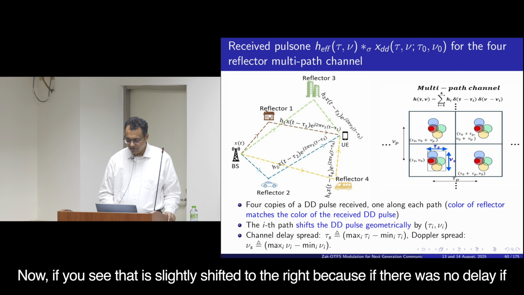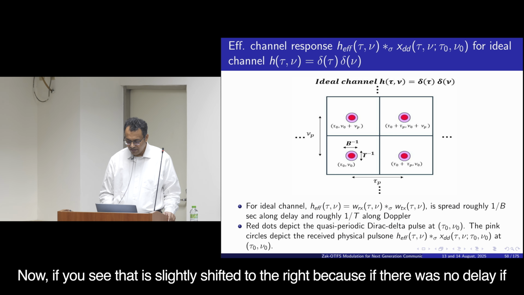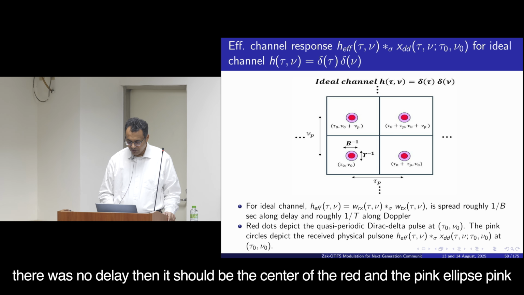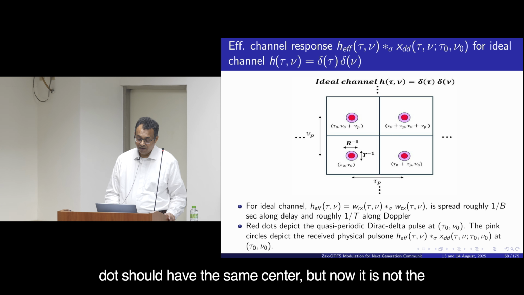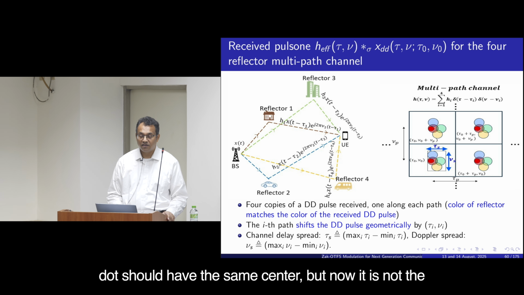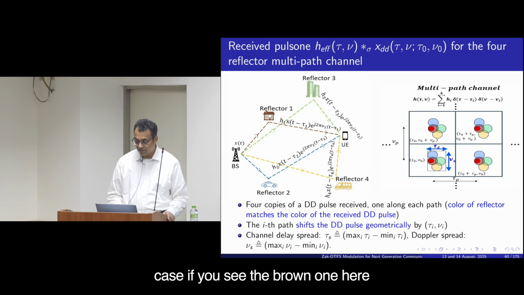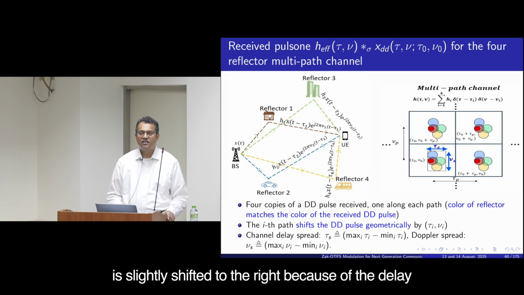Now if you see, that is slightly shifted to the right, because if there was no delay, then the center of the red dot and the pink circle should be the same. But now it's not the case. If you see the brown one here is slightly shifted to the right because of the delay.